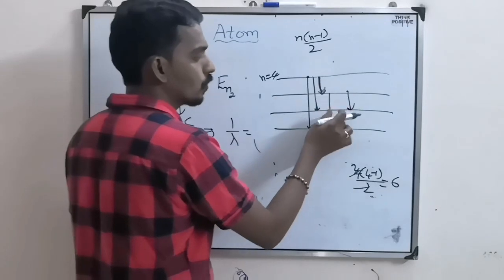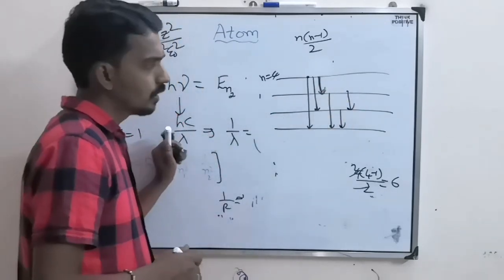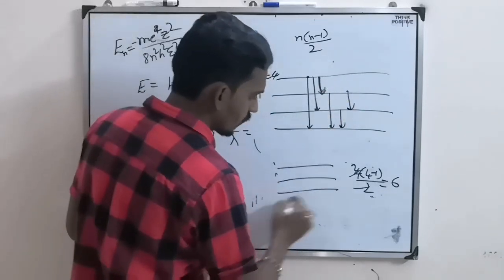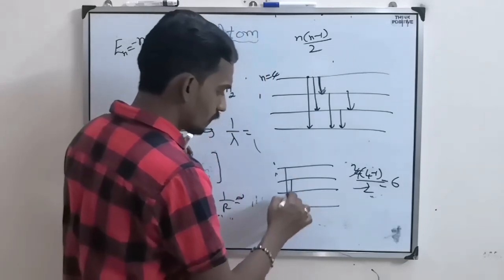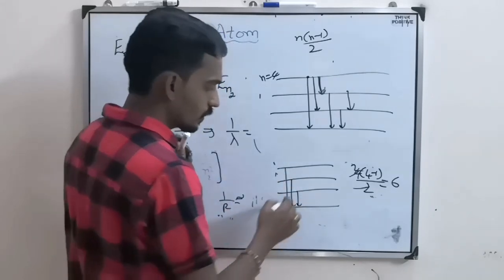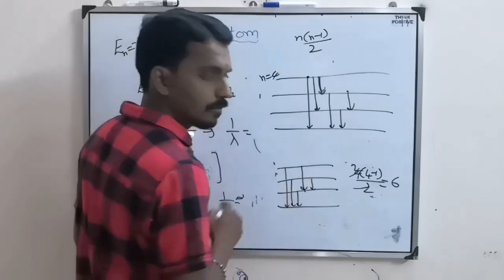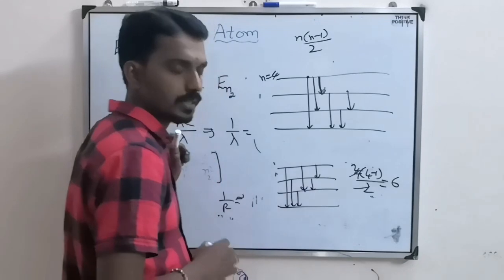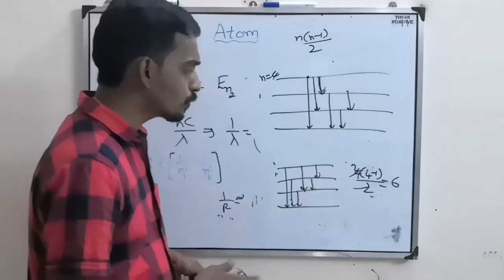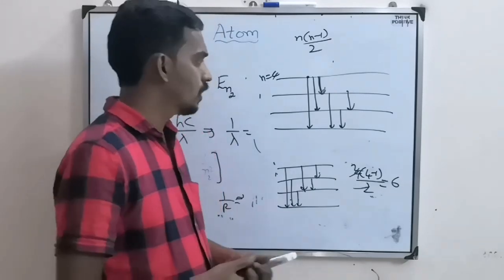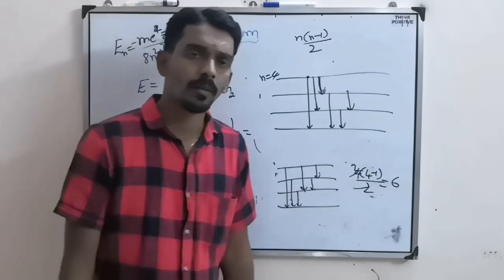So 1, 2, 3, 4, 5, 6. Or in another way you can take it like this. 4 are there. First take the possibility of Lyman series, then the possibility of Balmer, next Paschen. So 1, 2, 3, 4, 5, 6. These are the number of spectral lines possible. So this is how the questions will come.